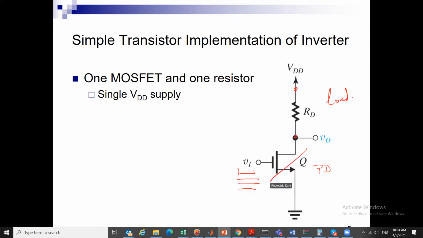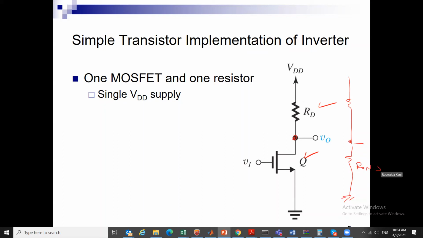So if this device is off, it pulls the output up to VDD, and if this device is on, then those two form a voltage divider circuit that is hopefully, if the R on is small, going to pull down the output closer to ground. And this RD has to be typically larger than the effective on resistance of the pull-down device.